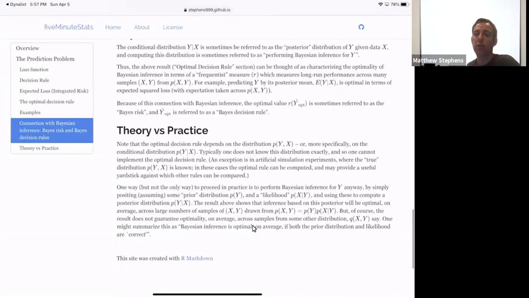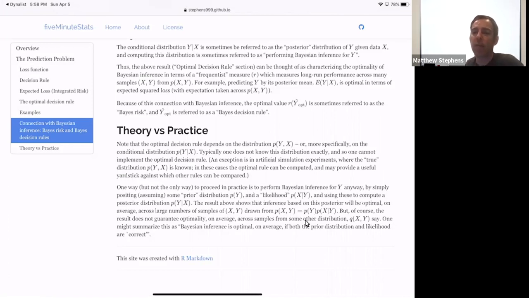Of course, most of the debate about whether you should do things this way hinges on the fact that, in practice, we can never know these things exactly. There are other ways of doing this, but it's still common to compare methods by looking at their average behavior across a bunch of, for example, simulations, and asking which methods are best on average.